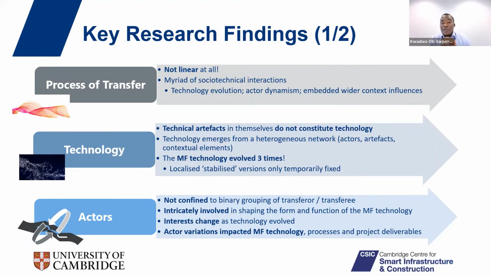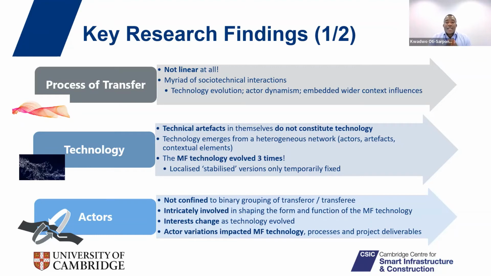In terms of the technology, the monolithic formwork technology was designed in Portugal, manufactured in Germany, and shipped to Ghana for this project. The components themselves did not constitute technology. Rather, it emerged from this heterogeneous network.